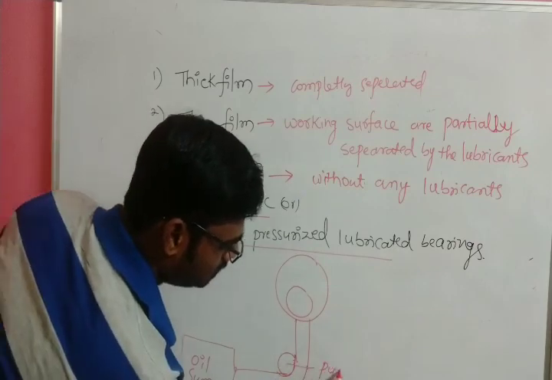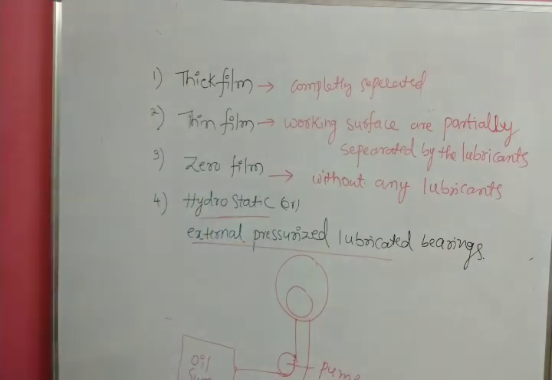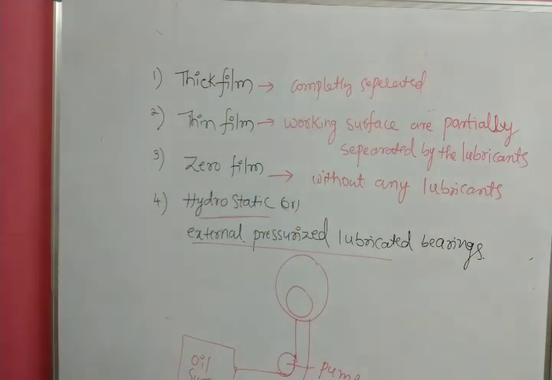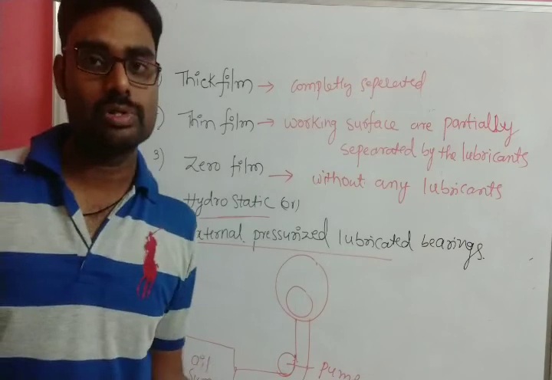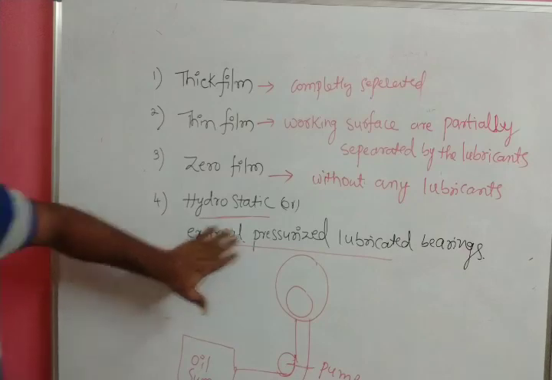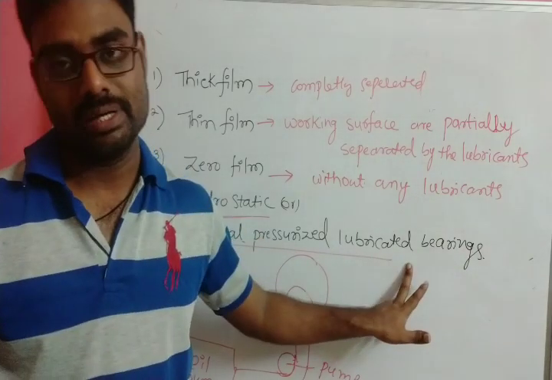A constant load acts on the bearing, so there is no relative motion between the bearing and journal. How to create the relative motion? By applying the external pressurized lubricants.